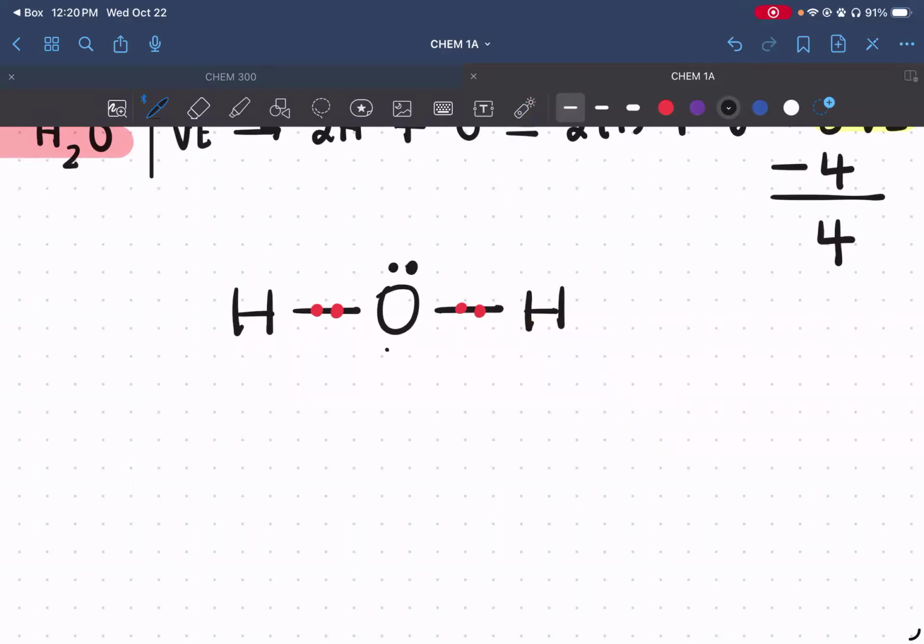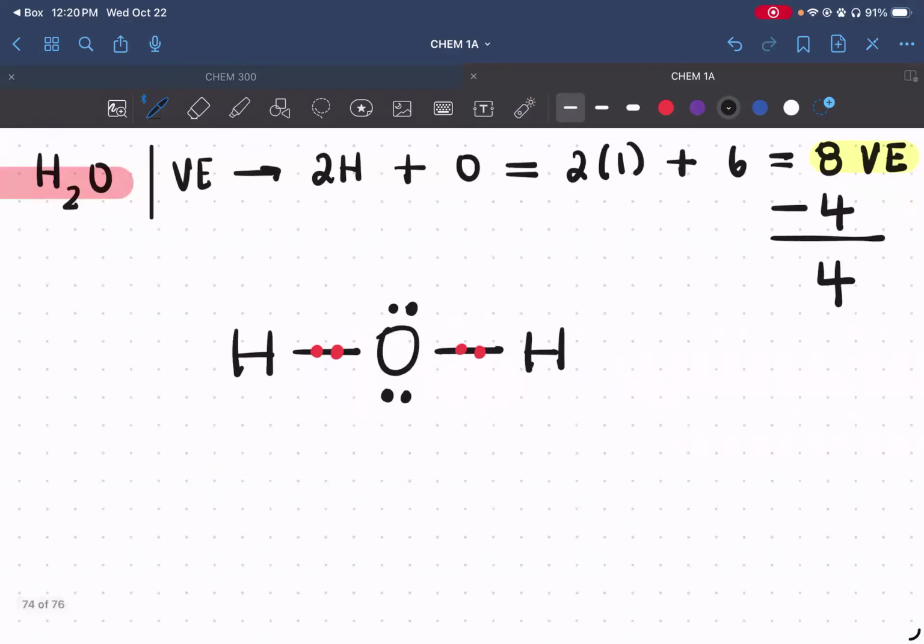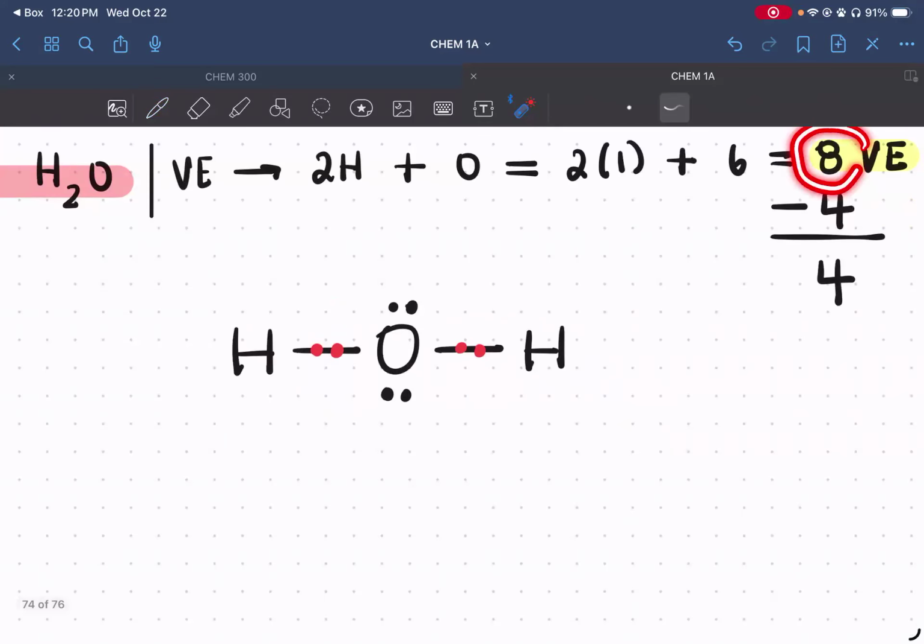How we do that is we quite literally pair them up and just place them on the central atom. This simple drawing clearly shows us all 8 valence electrons.